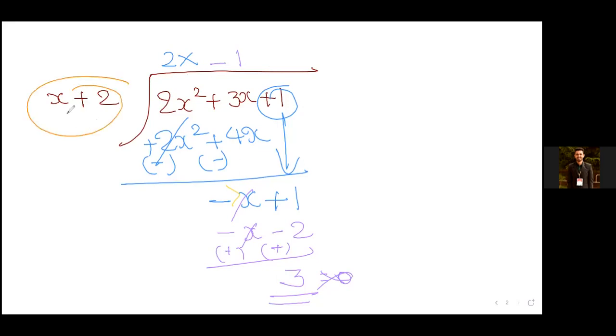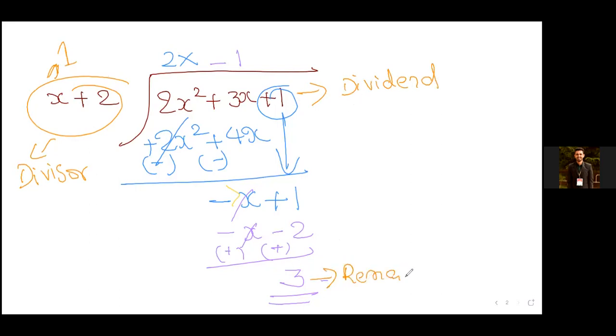This term is divisor. So you can see the degree of divisor is 1, and the degree of this remainder is 0. So we can stop this division process, and this is the divisor, and remember this is the dividend. Also this is the remainder, and this term is nothing but quotient.